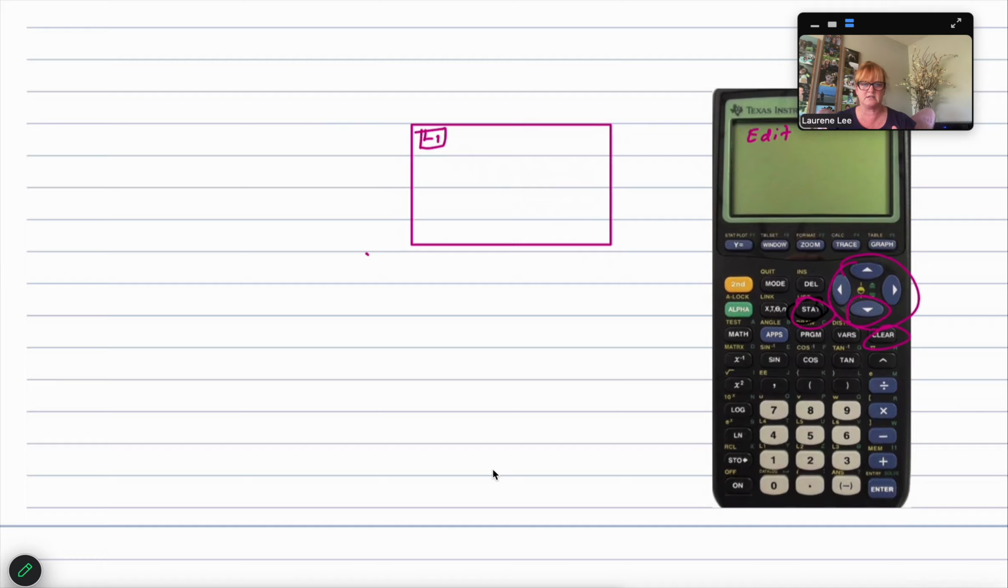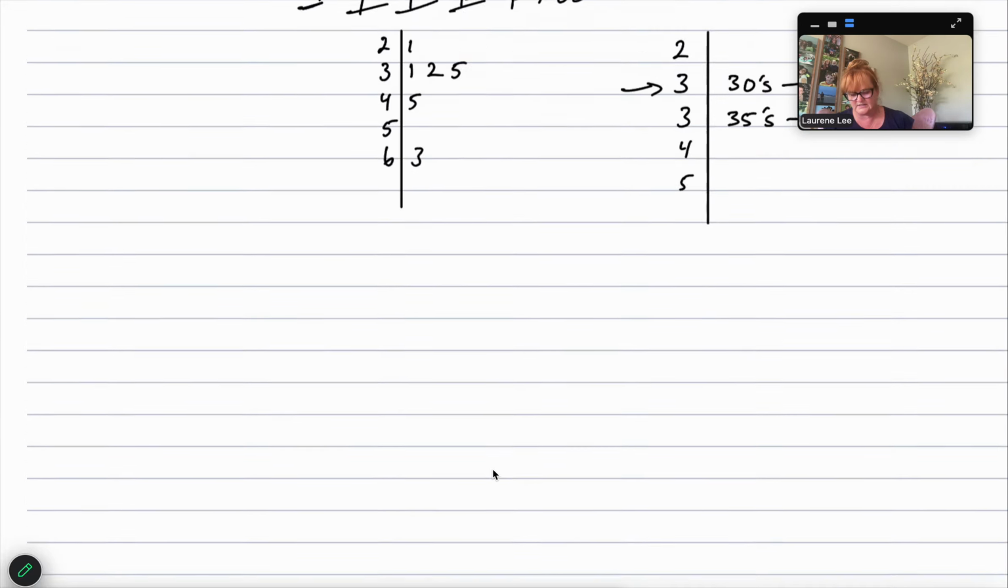That's how you clear out a list. Enter your data, then go back to stat, and the second value here is sort A. Select that and hit your second function and list 1, because that's what you want to sort, list 1, and then that'll put it in order. You can go back into your edit mode and it'll be in order there. So that's the only part the calculator plays in this section, is organizing the data.